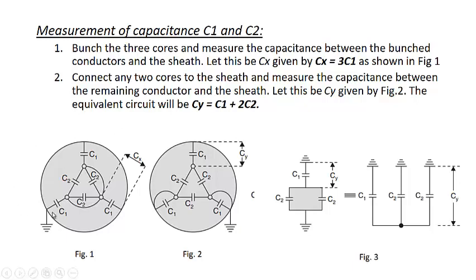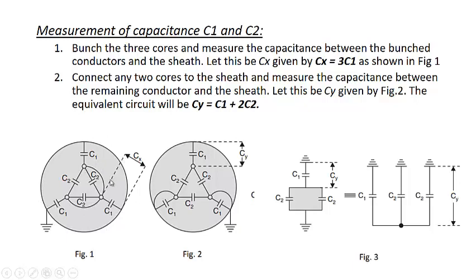The first one will be we bunch or connect all the conductors to each other like this, and in this case we are actually eliminating these C2 capacitances. When these are connected to each other, you can see one point of these capacitors, that is C1, are now connected to each other. Another point is already connected to each other through the sheath. That means this C1 will be parallel to this C1 and this will be parallel to this C1.